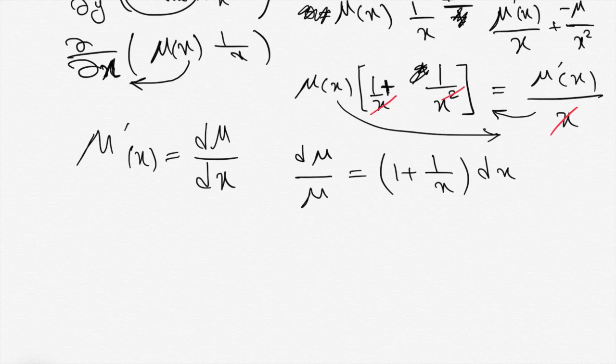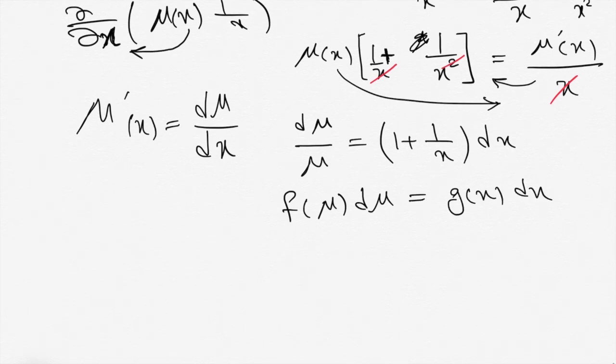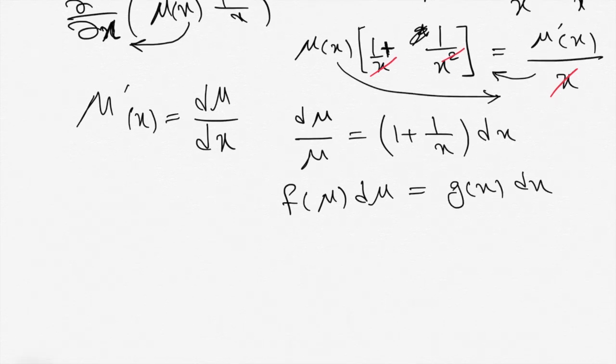Therefore we now have again a differential equation here. Is it separable? Yes, of course it is, because it's like f of mu d mu is equal to g of x dx, right? Therefore I can take the antiderivative here and find the solution for mu.